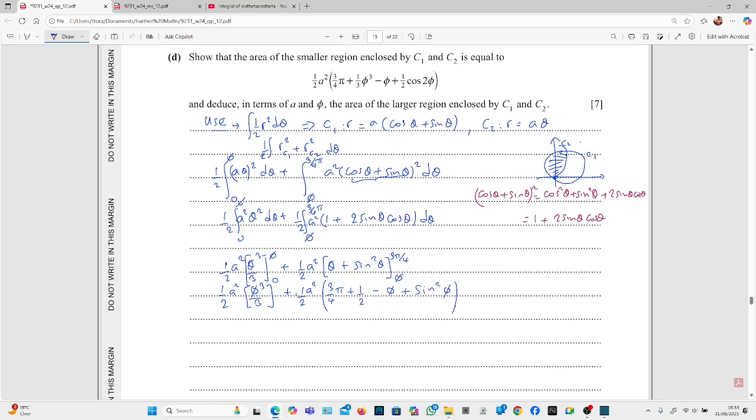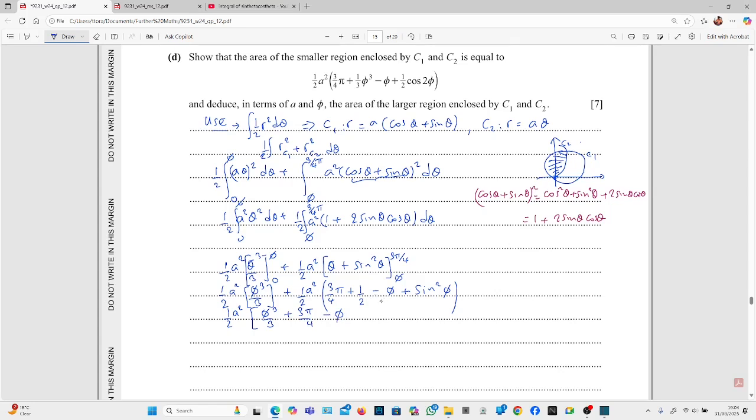So we have half a squared, and half a squared can actually be factored out. So now we're going to factor this half a squared, and then inside I've got phi cubed over 3, plus 3/4 pi, minus the phi over here.